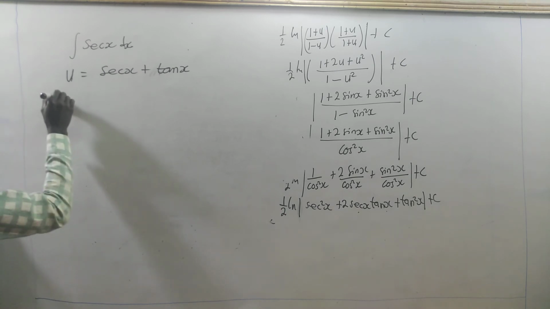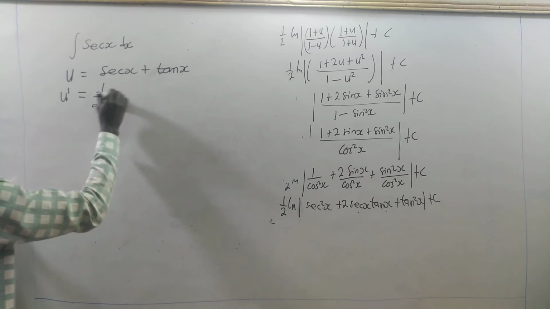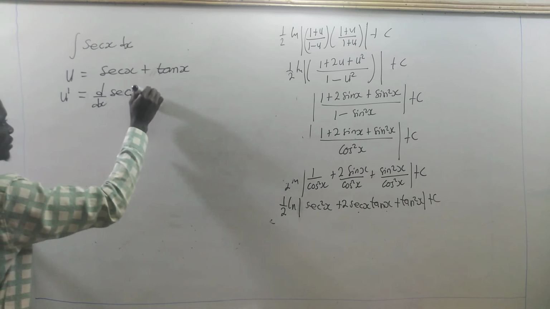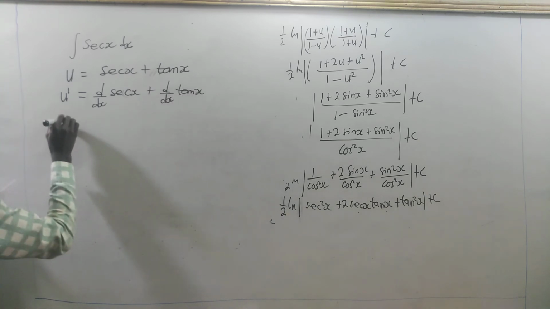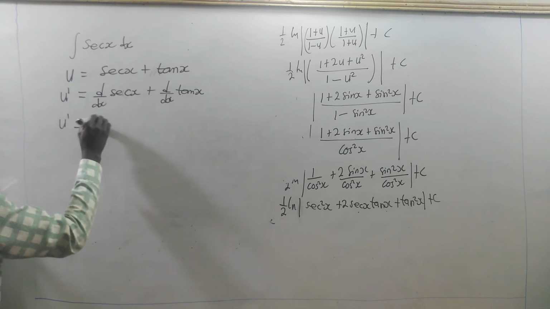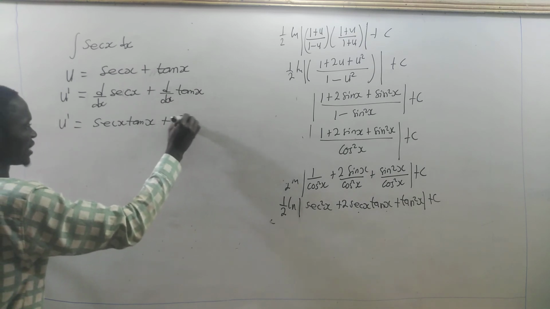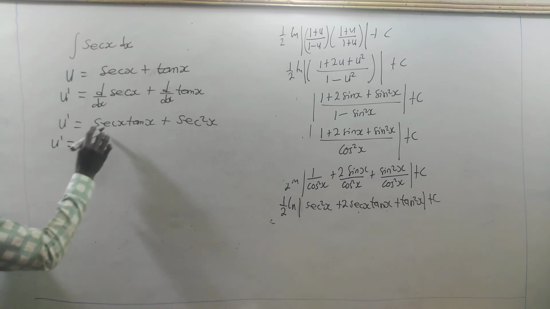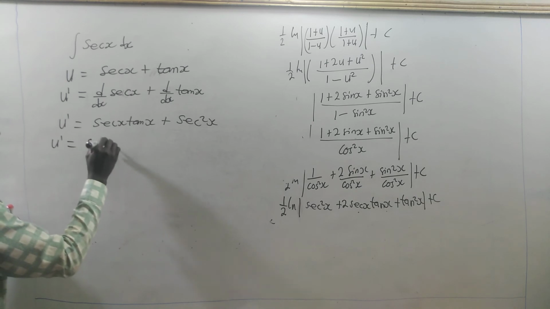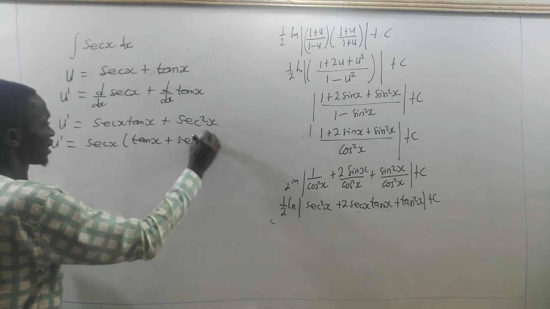So here, u prime will be given by d dx secant x plus d dx tangent x. So you have u prime will be equal to, if you differentiate secant x, you get secant x tangent x, and if you differentiate tangent x, you get secant squared x. Wow, mathematics is lovely. Here we have u prime to be equal to, we are factorizing secant out, so we have secant x times tangent x plus secant x.